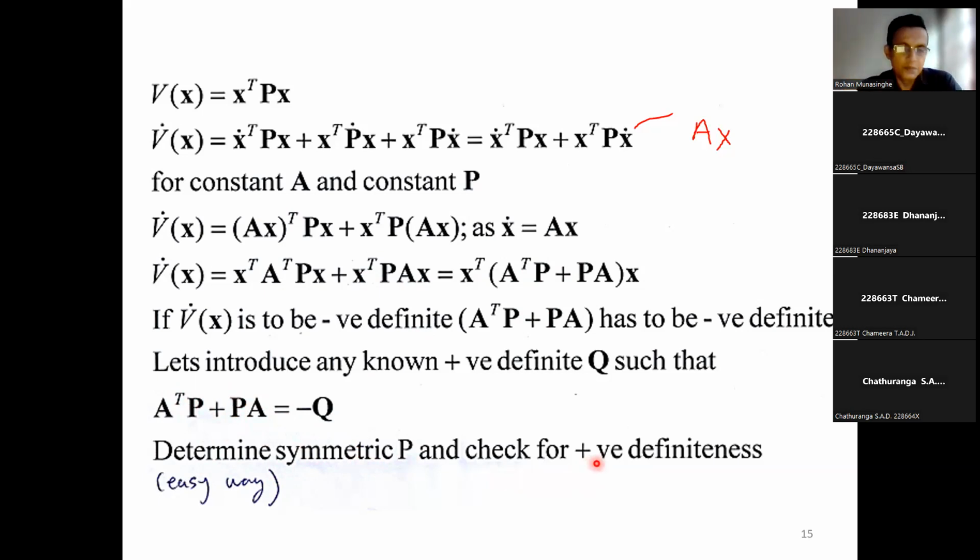Then you are done. Any questions about that? I'm not sure whether you understood the point here.